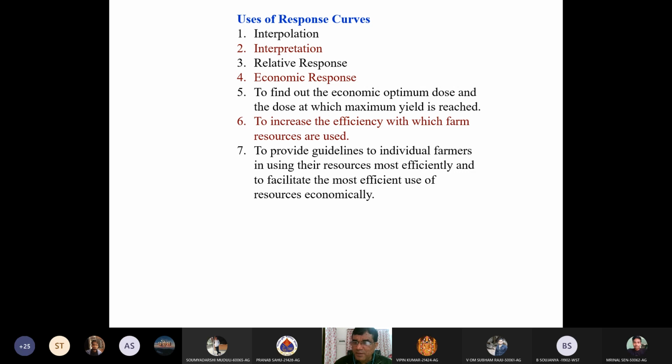You take any variables and see whether the relationship is linear, quadratic, or some other kind. You can use this kind of correlation and regression analysis in many places, in your thesis and in your papers. In the next class I will show you some papers where this knowledge is used to draw more conclusions and interpretations. This is a very useful subject for students of agriculture.